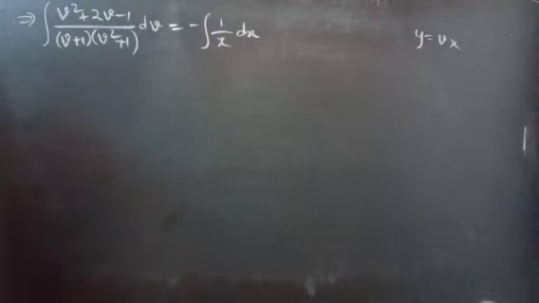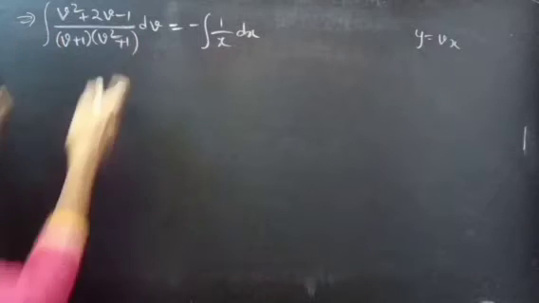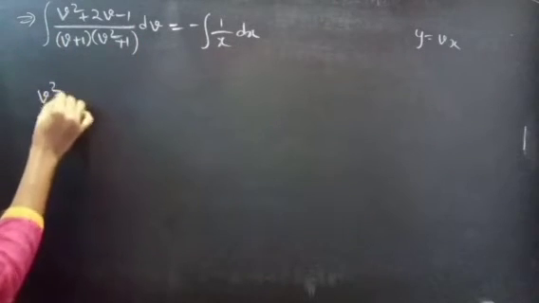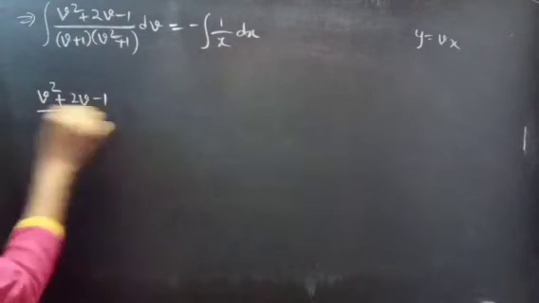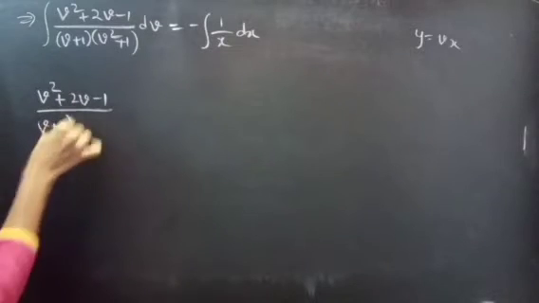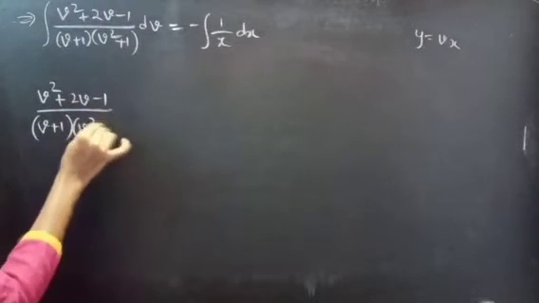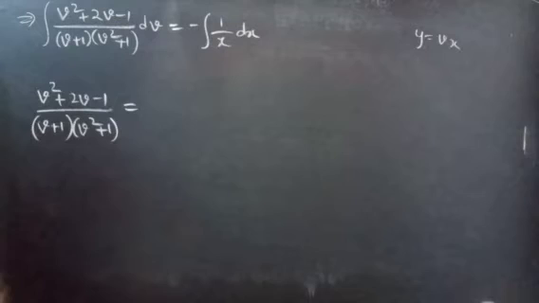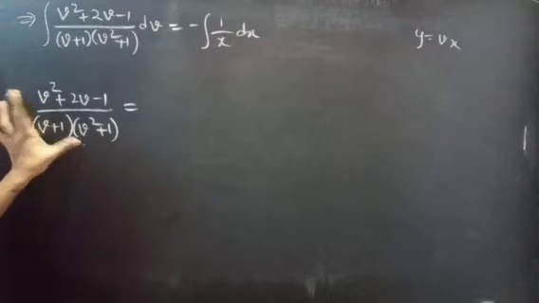Fine. Now, consider the integrand of LHS, (v square plus 2v minus 1) by (v plus 1)(v square plus 1). Okay. See the given fraction, this fraction is a proper fraction.